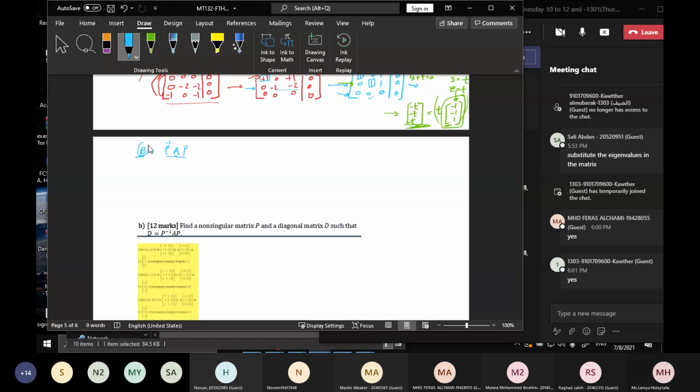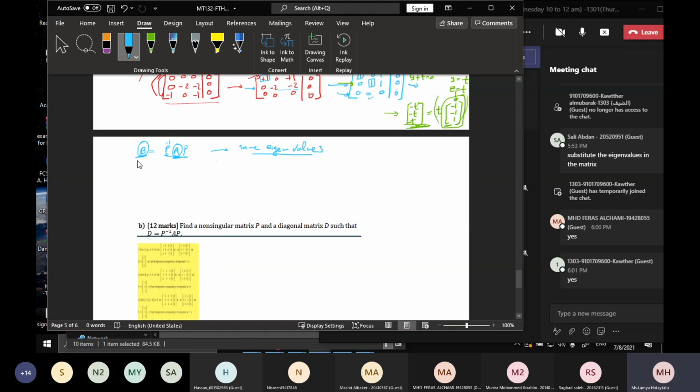So if A and B are similar, the most important thing is that they have the same eigenvalues. That means the eigenvalues of this matrix are the same as the eigenvalues of that one. First. Second, if A and B are similar matrices, that means there exists P, and of course there exists P inverse.